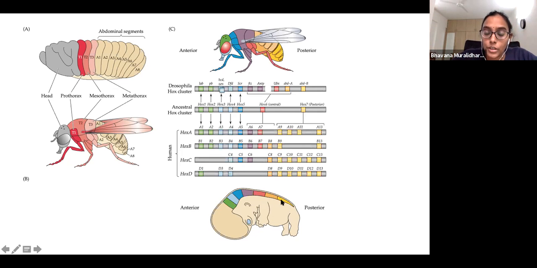And this expression then determines the different segments of the hindbrain, which goes on to generate different kinds of neurons. So this is one such cell intrinsic example, which is coming from the Hox cluster, which is conserved, which makes the abdominal segments in the Drosophila, goes on to make the hindbrain in the mammalian nervous system.